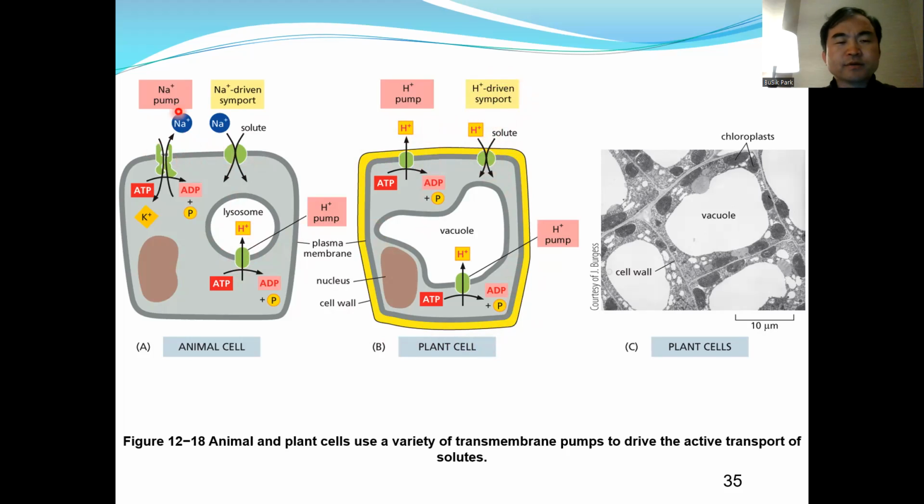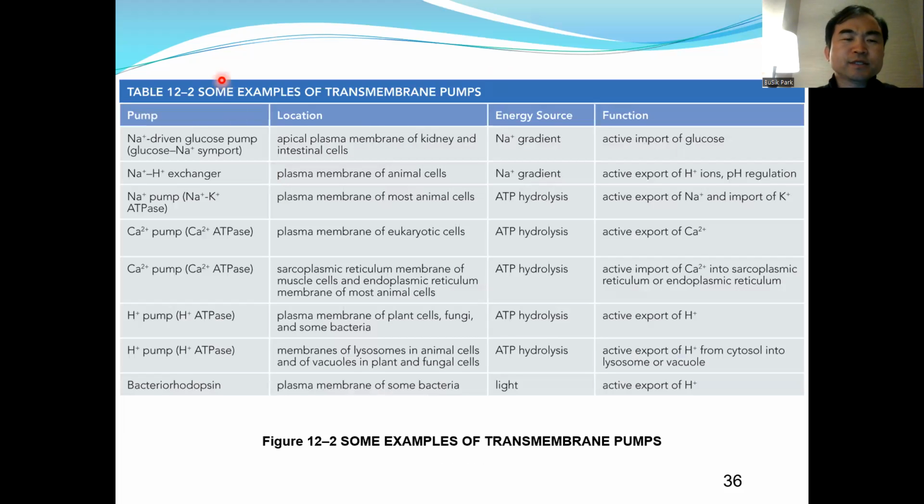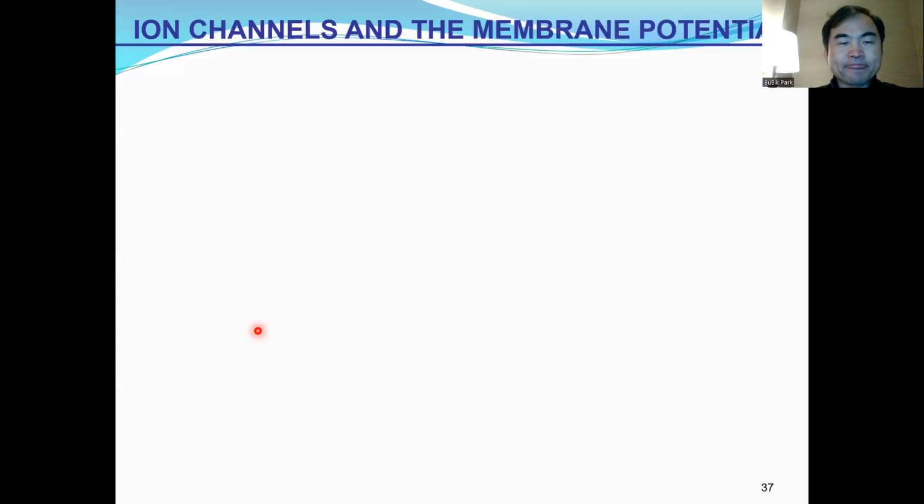So different mechanisms are used in animal and plant cells. And these are some examples of transmembrane pumps: the sodium-driven glucose pump, sodium-hydrogen exchange, the sodium pump, sodium-potassium ATPase, and the calcium pump, and so on.